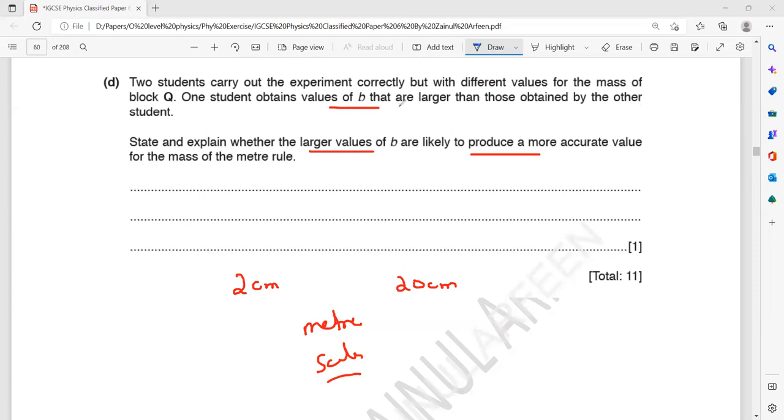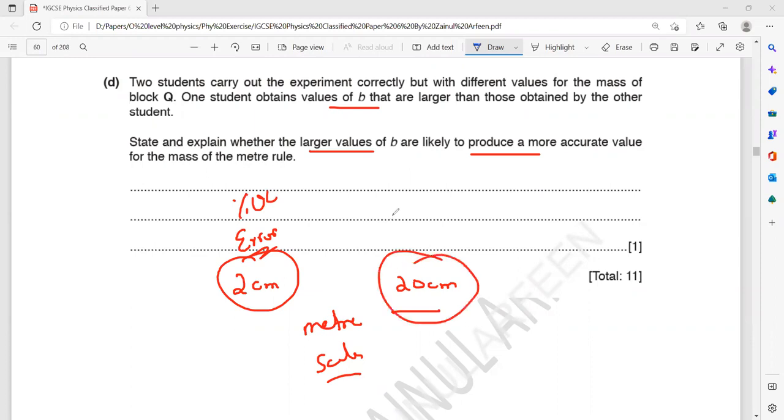Yes, 2 centimeter. It will have more error, or greater percentage uncertainty, compared to 20 centimeter.